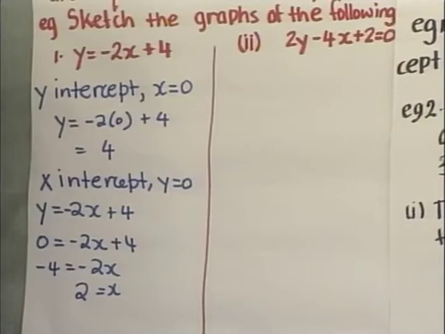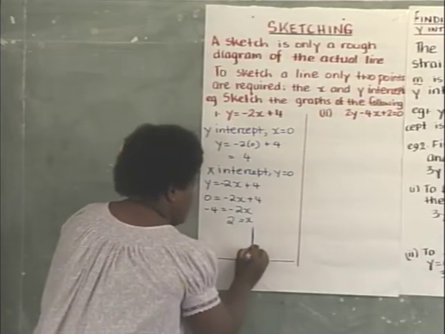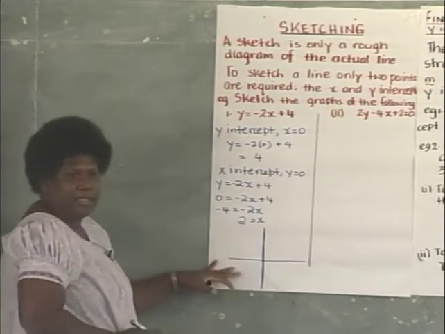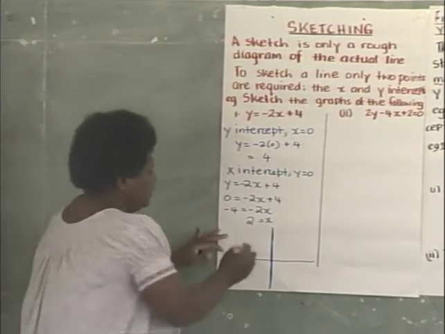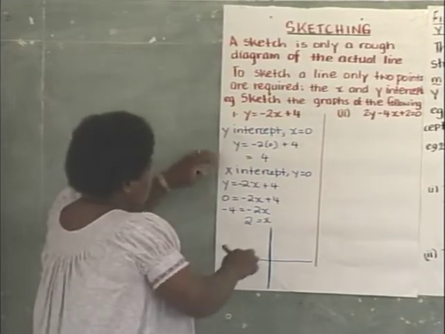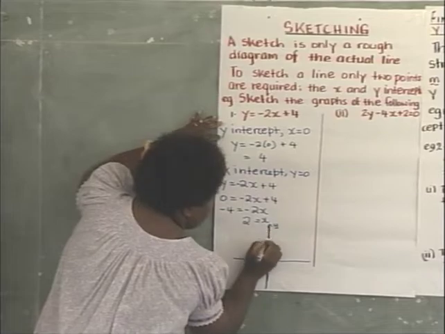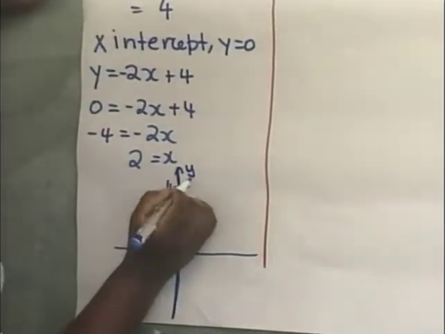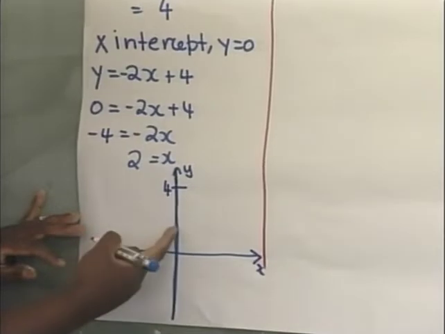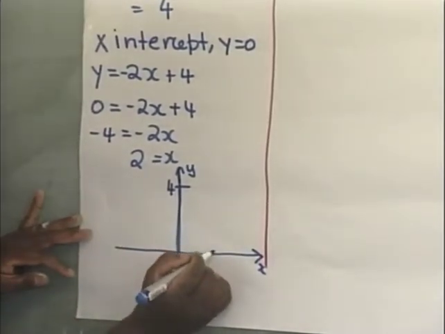Okay, so to sketch, you just need a rough diagram of the line. It doesn't have to be an exact one. You don't even need to put intervals on the axis. Because the y-intercept is 4, you just put 4 here, and the x-intercept is 2, so you just take half of 4 and make that maybe somewhere here.